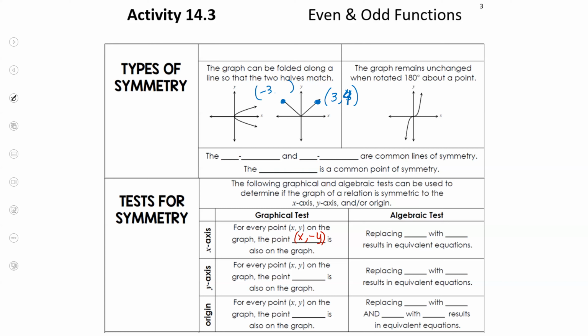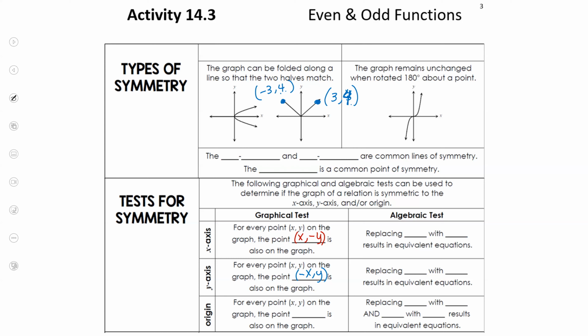Yep, -3, 4. So the y value stayed the same, but the x value became negative. So that means if you have (x, y) and it's symmetrical across the y-axis, it'll be (-x, y). Both of those points will be on the graph. (x, y) will be on the graph, and so will (-x, y).